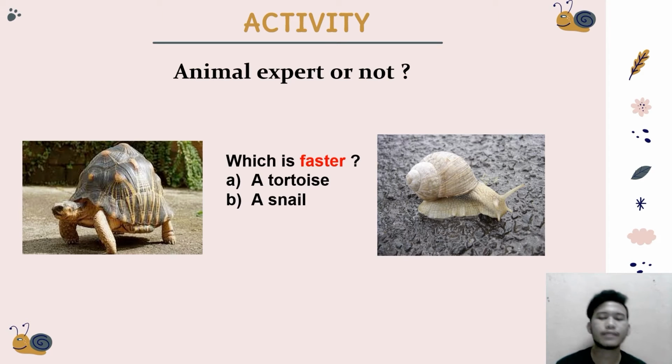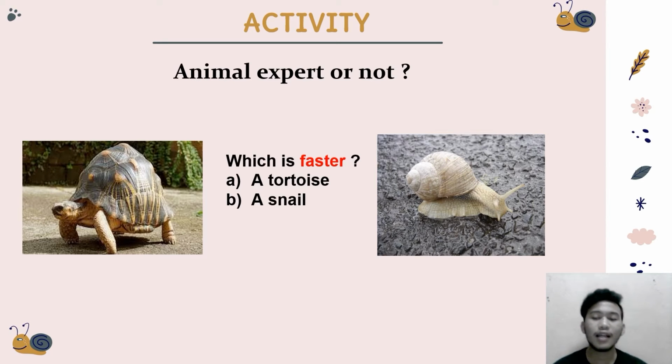Okay, next we have a tortoise and a snail. But before that, I want to ask you, what comes to your mind when you see these two animals? Yes, these two animals we can categorize as the slowest animals, isn't it?